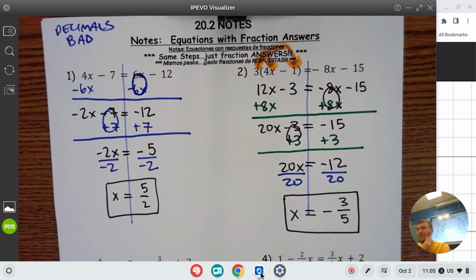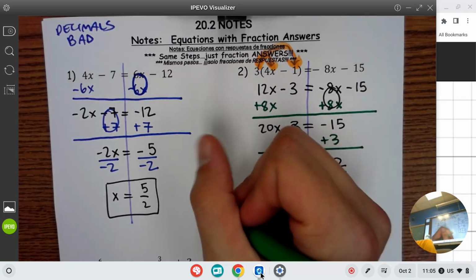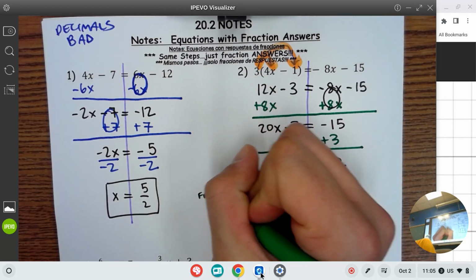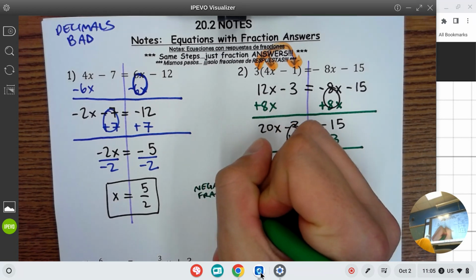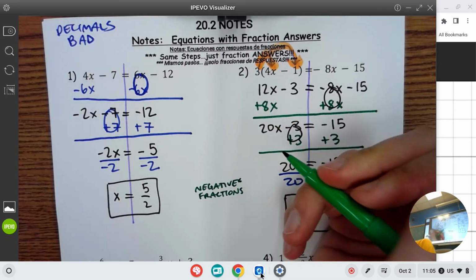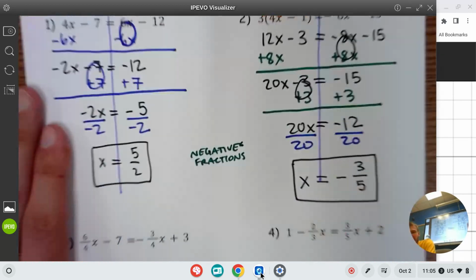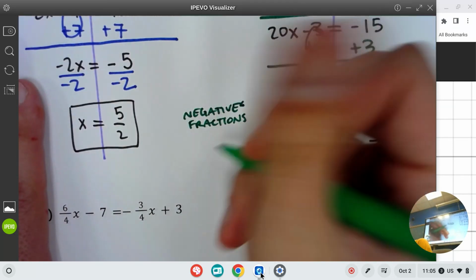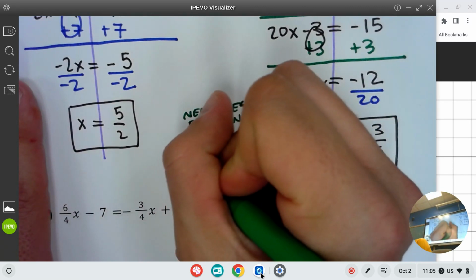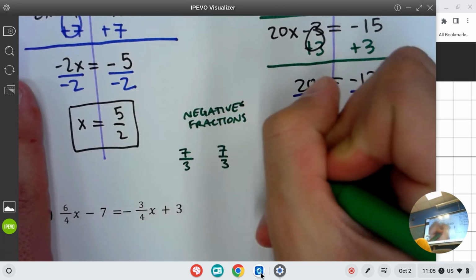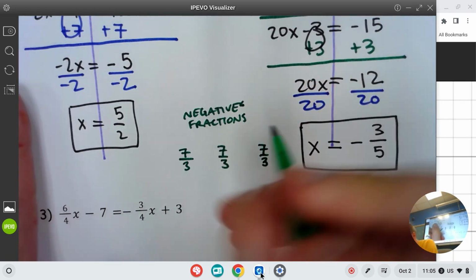Any questions on number 1 or 2? No. All right, I have one really quick point that I want to make. When we have fractions, and when we have negative fractions in particular, let's say we have something like 7 over 3.